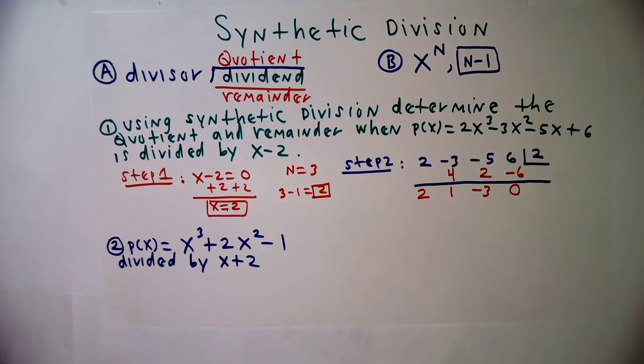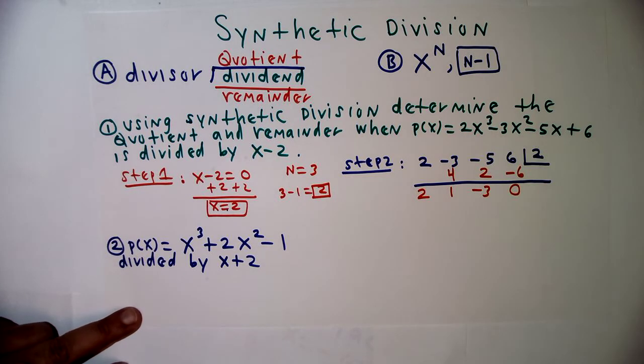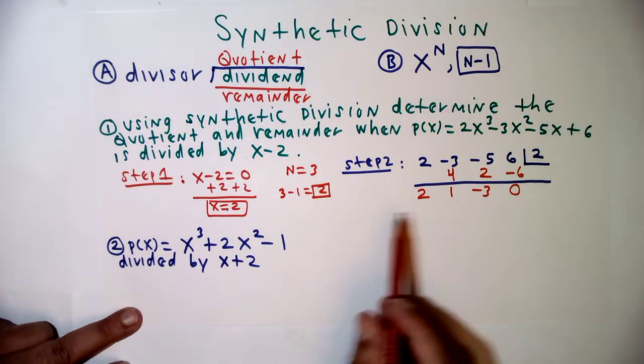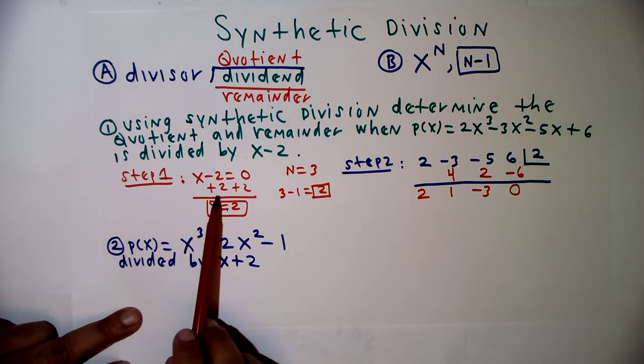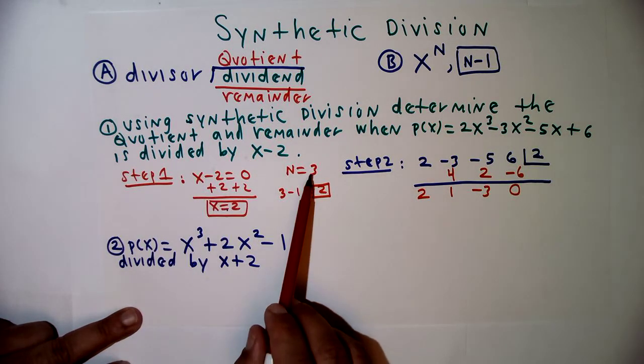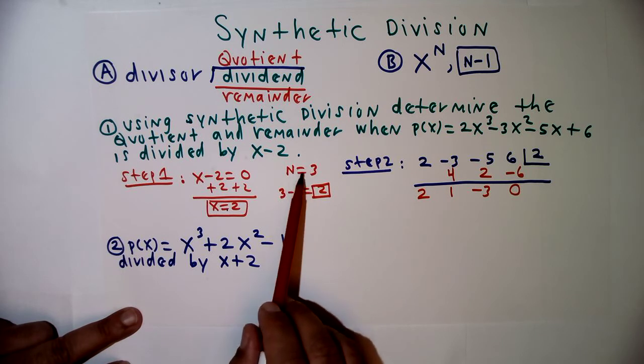Believe it or not, the example is already done. Finished. The only thing you need to do now is write down the quotient, because you're not going to leave it that way. What you're going to do is go back to step 1. If you recall in step 1, besides solving for the divisor, I told you to always write down the highest degree.